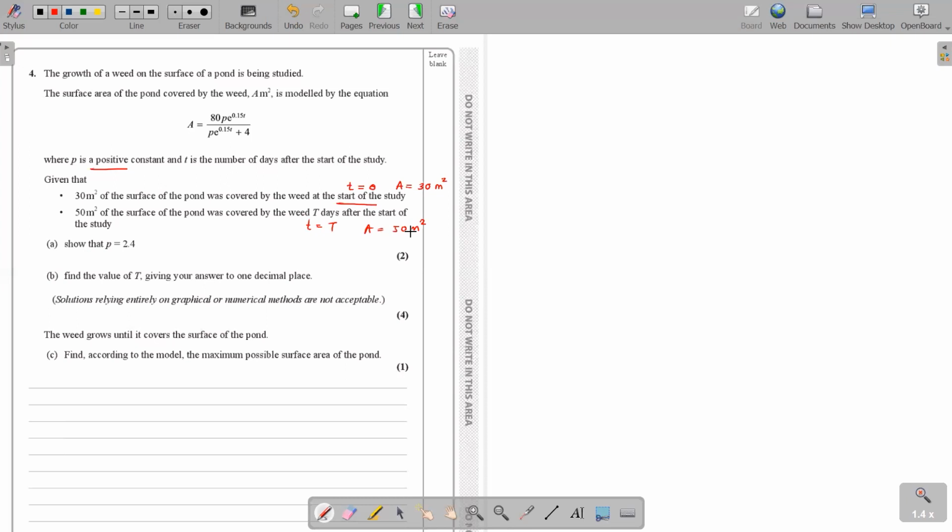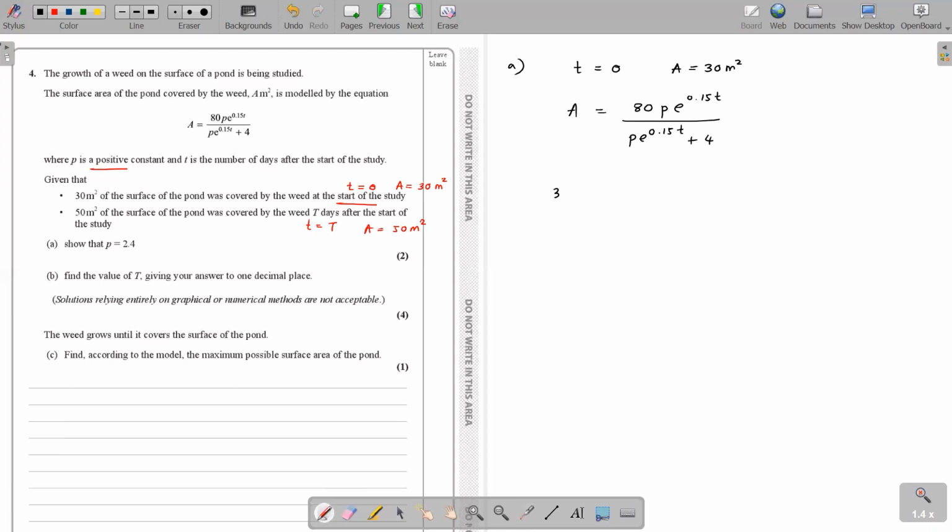Okay, how do we show that p equals 2.4? The first thing is in part A, let's input the values that we know. So the first one I'll use is when time is 0, area is 30. So A equals 80pe^(0.15t) divided by pe^(0.15t) plus 4.